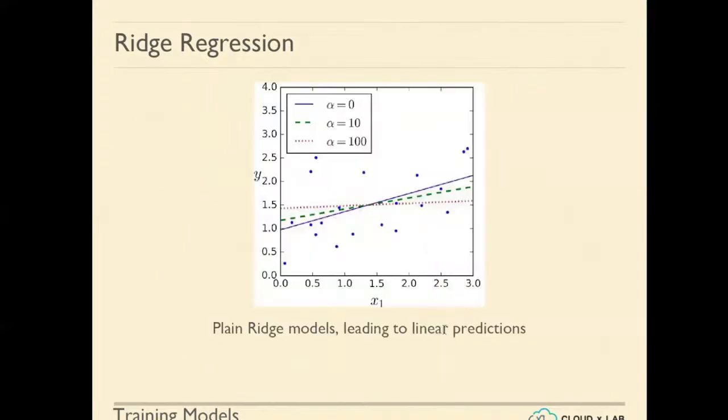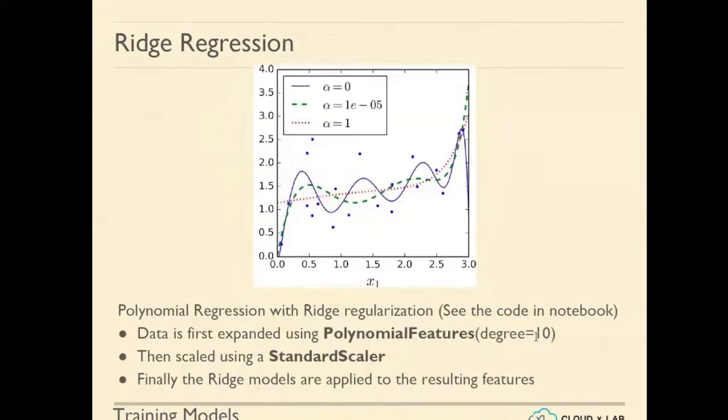So even if you use a 10-degree polynomial, since all theta values will become very small, you end up getting a linear model. This is a very simple model you get when you use a very high value for alpha, because all high degree coefficients will become 0, right?